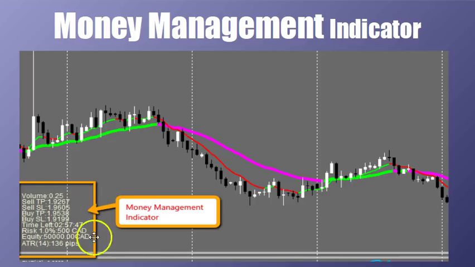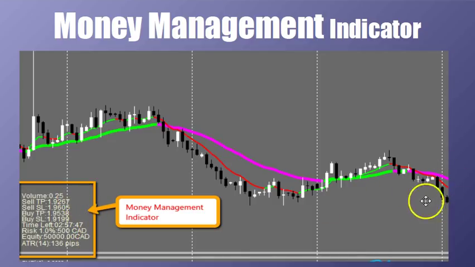But this great indicator does all of this automatically for you. Anytime you're ready to enter a trade, it'll tell you the volume, your lot size, and it'll also give you some other terrific information.